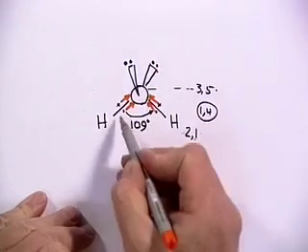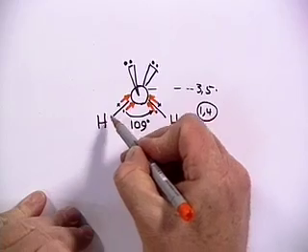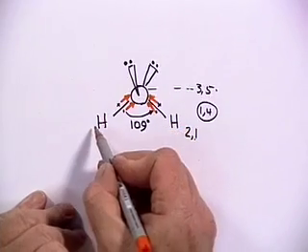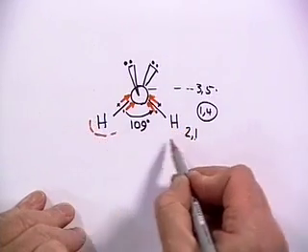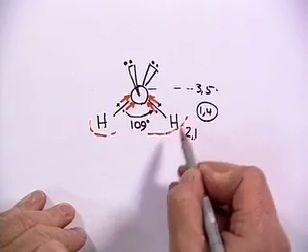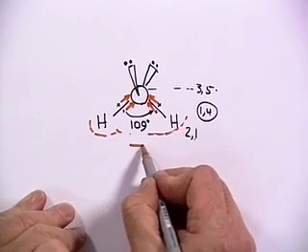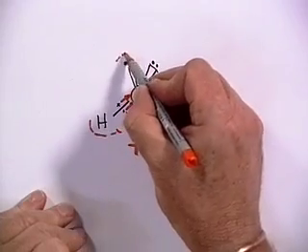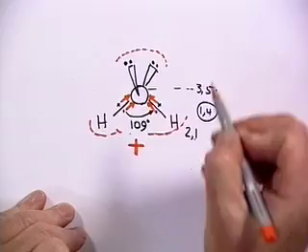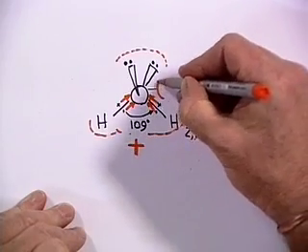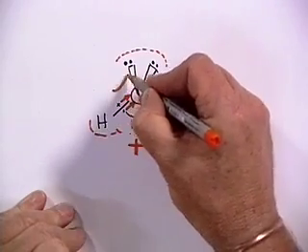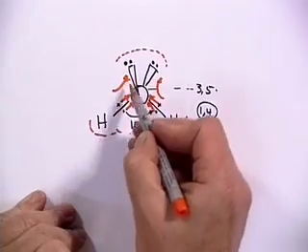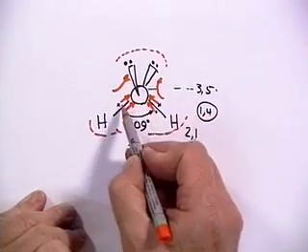The other thing is, this strips the electrons away from the hydrogen, so the hydrogen atoms become slightly positive. So this side is going to be slightly positive. What about here? There we've got that set of electron pairs. They are negatively charged, so that part of the molecule is slightly negative.